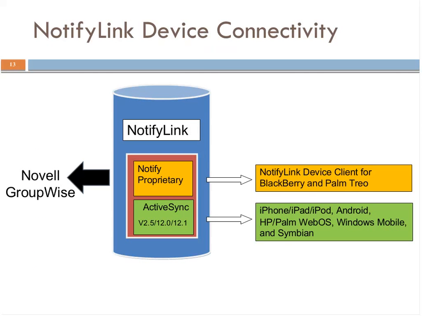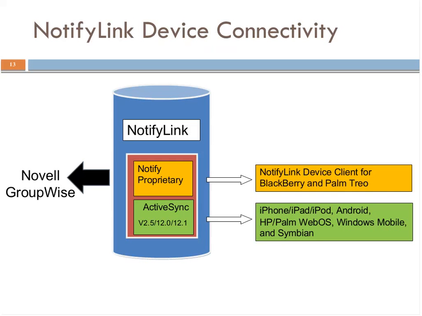The way the product works is that for BlackBerry and the Chrome Trio, we still require a client. On what we'll call the ActiveSync devices, which are your iPhone, iPad, iPod, Android, WebOS, and Windows Mobile, and I should also have Windows Phone 7 and Symbian here, they come in via ActiveSync.